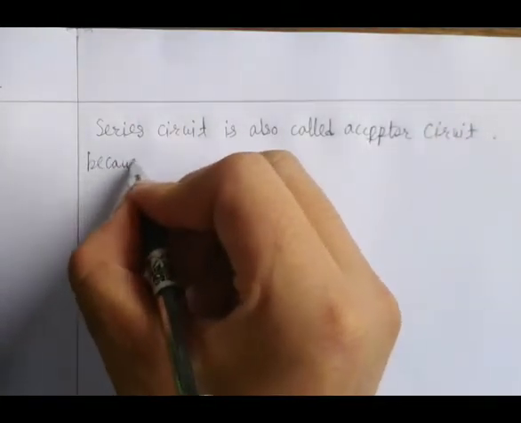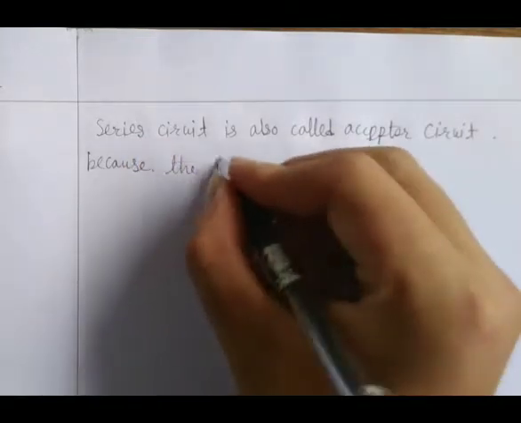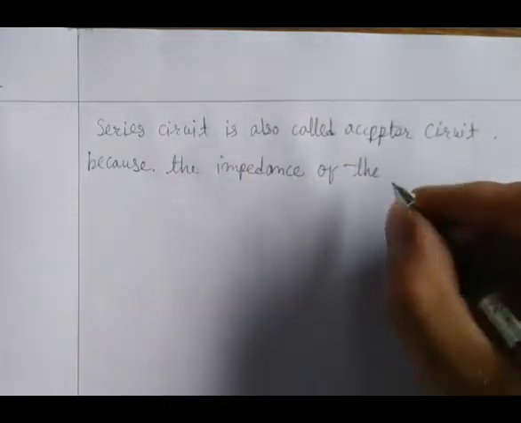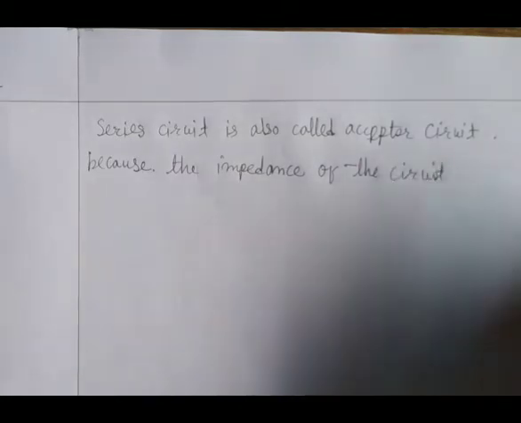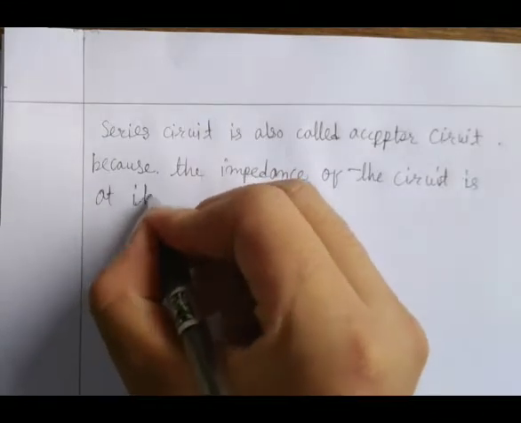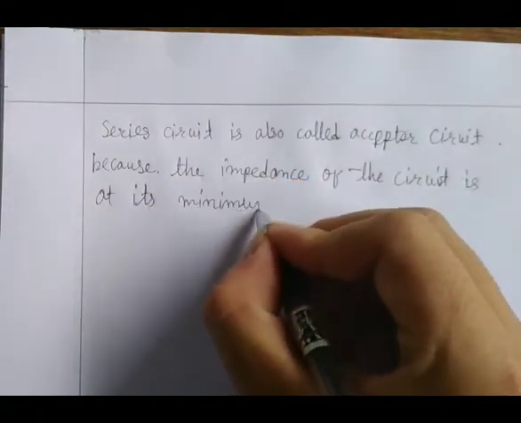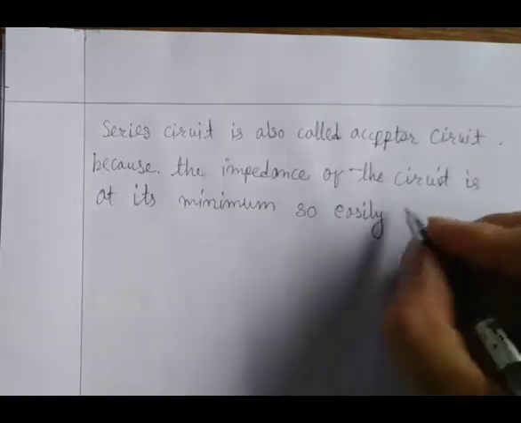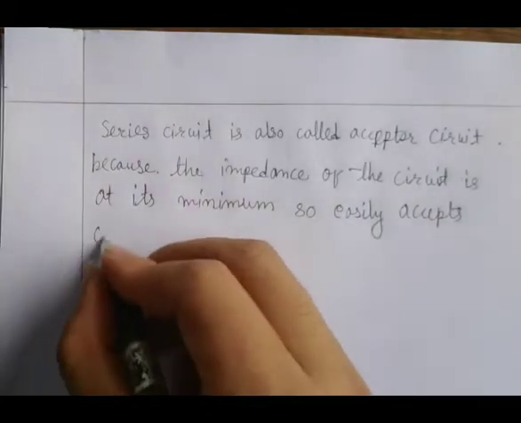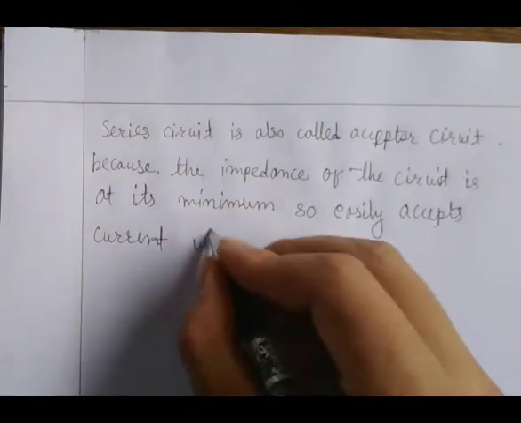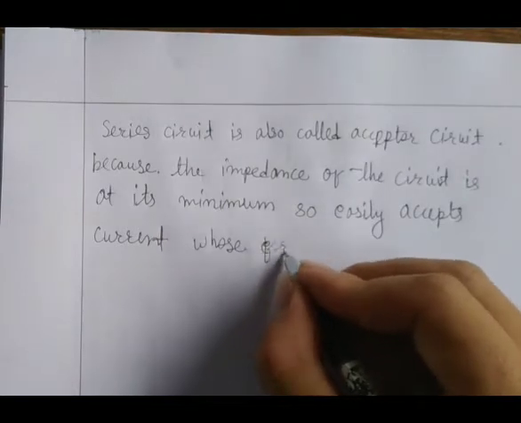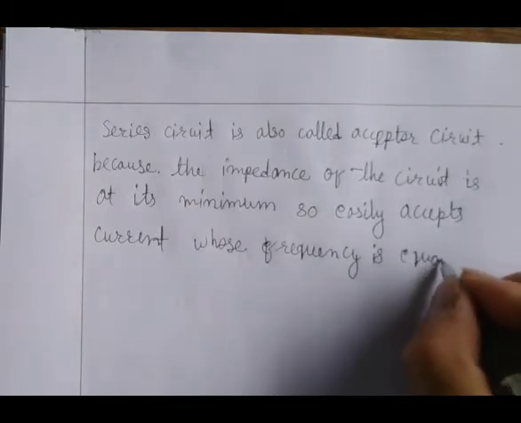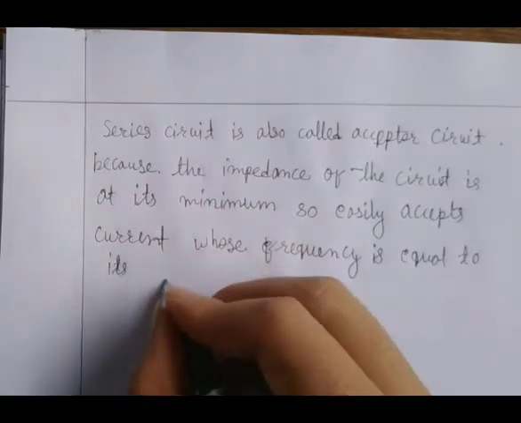Because the impedance of the circuit is at its minimum, so it easily accepts current whose frequency is equal to its resonance frequency.